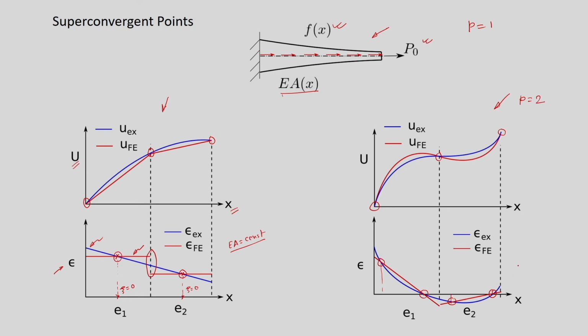So, in this case the points correspond to xi equal to plus minus 1 by root 3, that is the Gauss point. These points, as I said, are the super convergent points, meaning at these points the derivatives of our solution converge at a rate similar to that of the displacement.